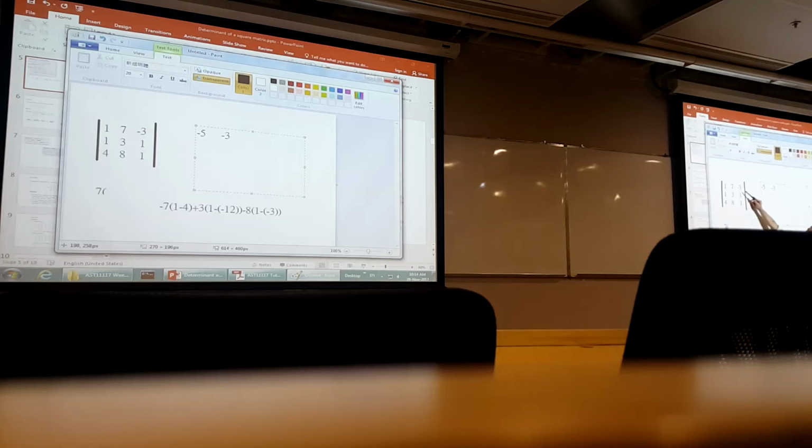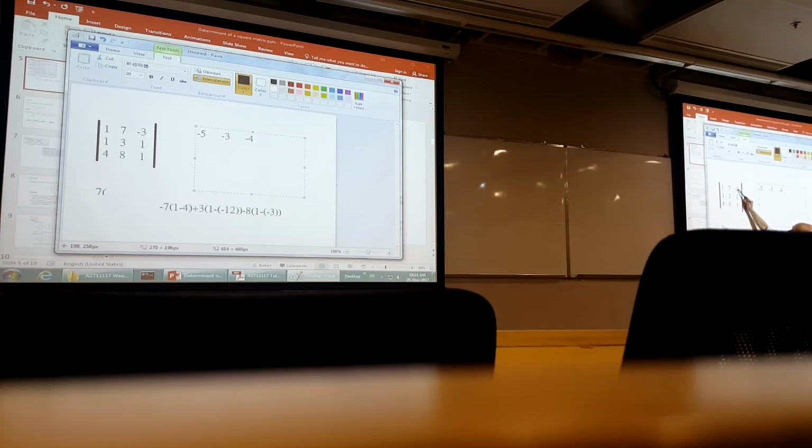And for this position, the minor is 8 minus 12. So it is minus 4. For this position, the minor is 7 minus 24. Okay? So it is 17. Oh my god, 31.